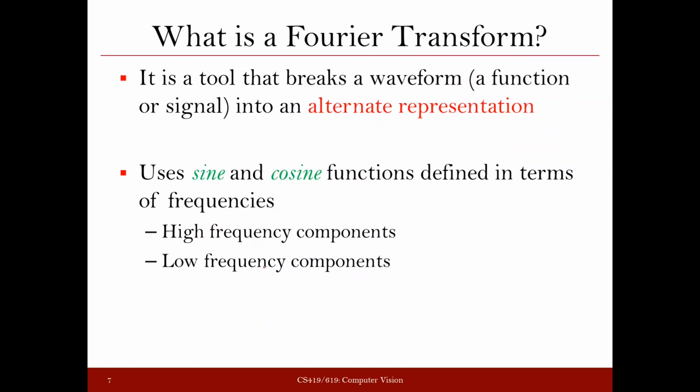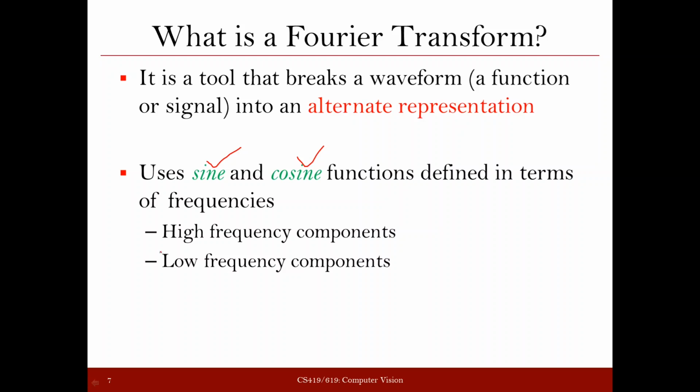Okay. So precisely what is a Fourier transform? With the help of Fourier transform, you are breaking a given waveform into an alternate representation, and in this alternate representation you are using sine and cosine functions. Okay. And later we will see when you are representing these sine and cosine functions, some of the sine functions will have low frequency, some of them will have high frequency.